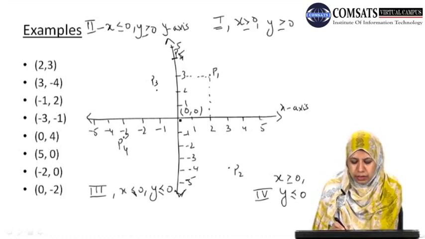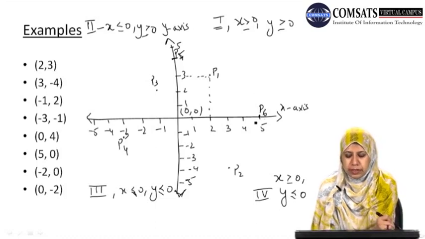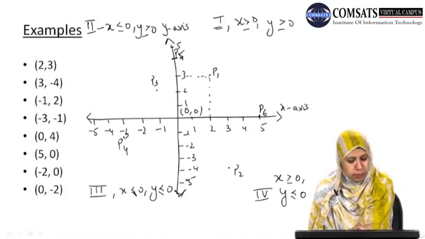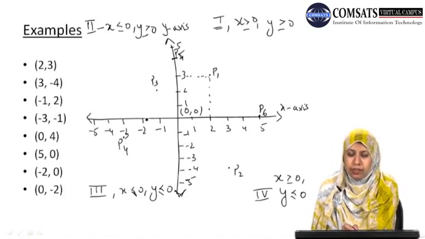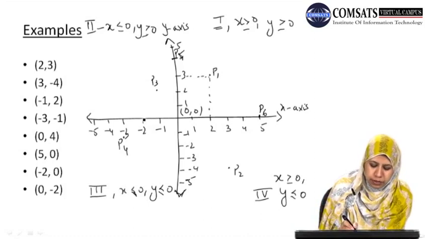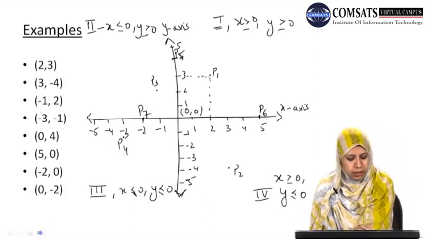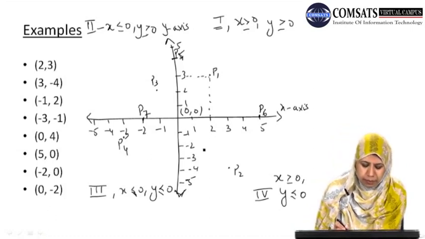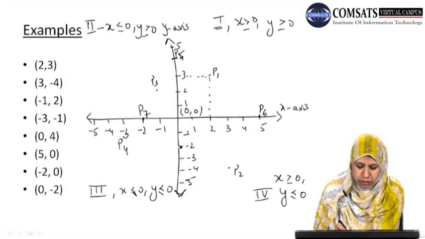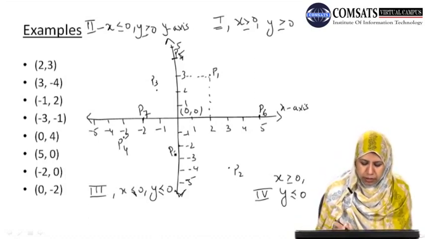Y 0 means here. So this is our point P6. The seventh point is when x is -2, negative, and y is 0. That is P7. The eighth point is when x is 0 and y is -2, that is this point P8.